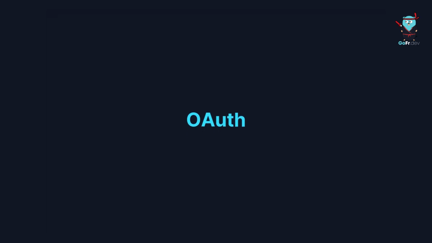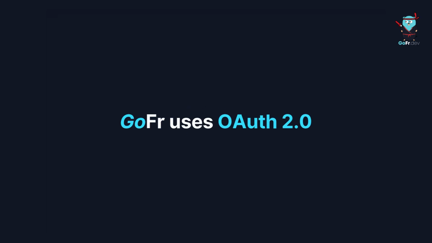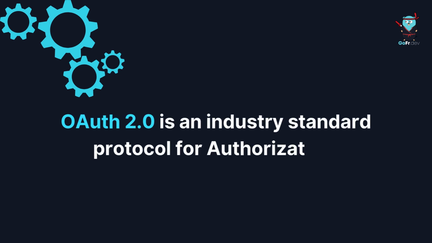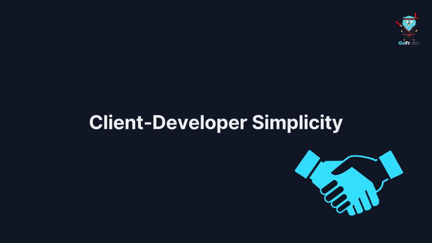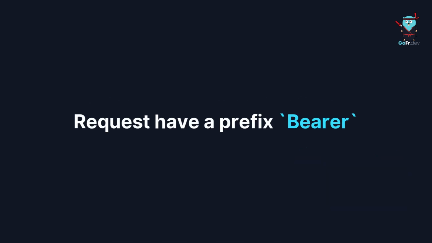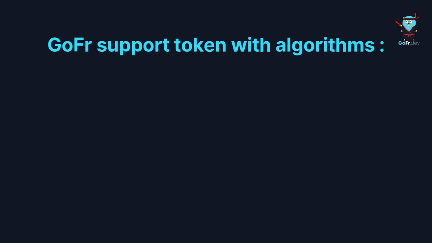In case of OAuth, we use OAuth 2.0, which is the industry standard protocol for authorization, focusing on client developer simplicity. It involves setting the prefix Bearer trailed by an encoded token within the standard authorization header. GoFr supports authenticating tokens encoded by the algorithm RS256, 384, or 512.